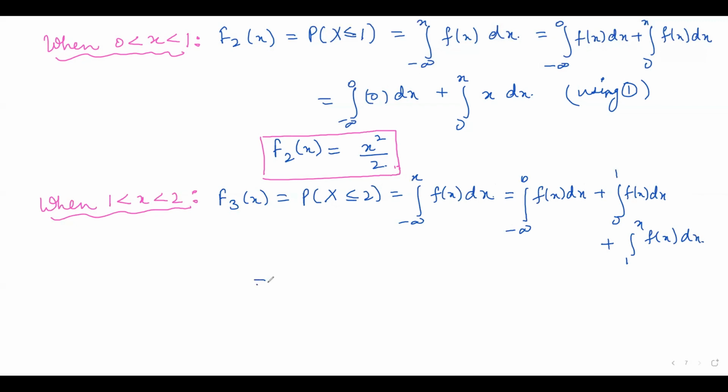So putting all the values, minus infinity to 0 is 0, 0 to 1 is x, and 1 to x is 2 minus x, again using the first equation.